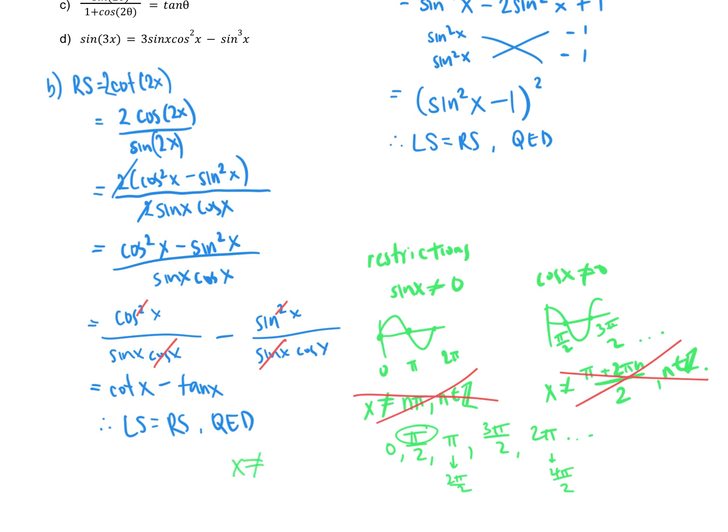So x cannot equal n times pi over 2, where n is an integer. That way we could have 1 pi over 2, 2 pi over 2, 3 pi over 2, negative 5 pi over 2, and that would include all of the restrictions for both sine and cos.